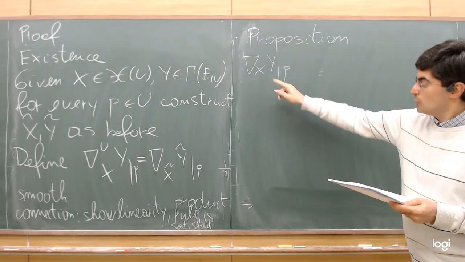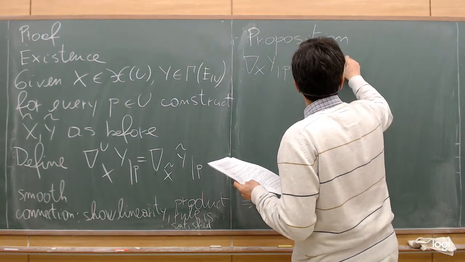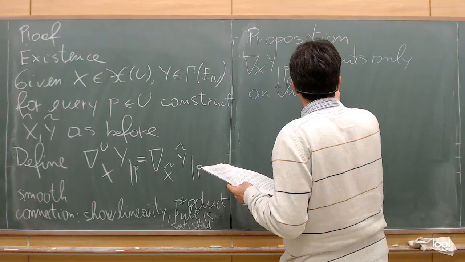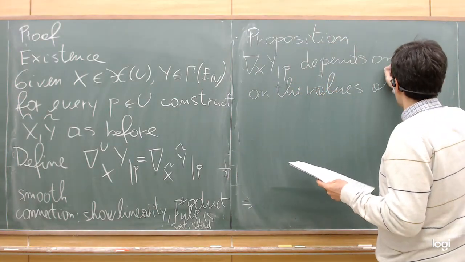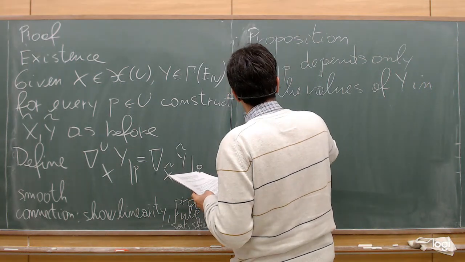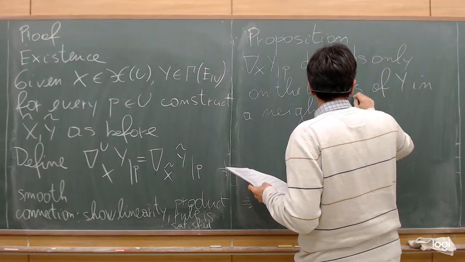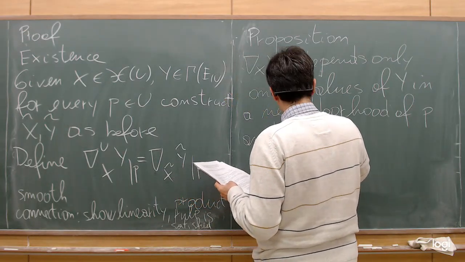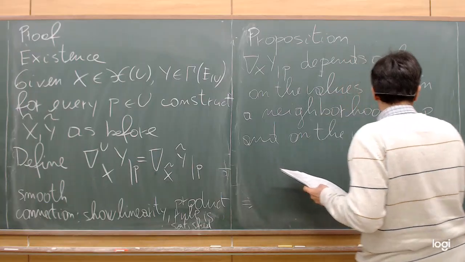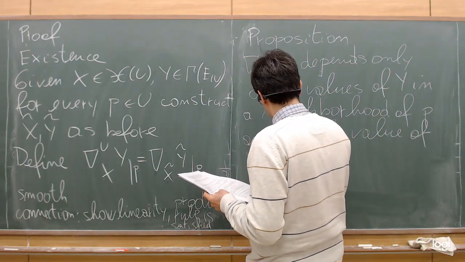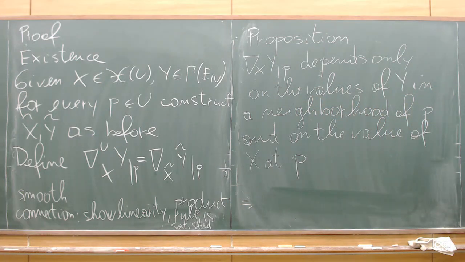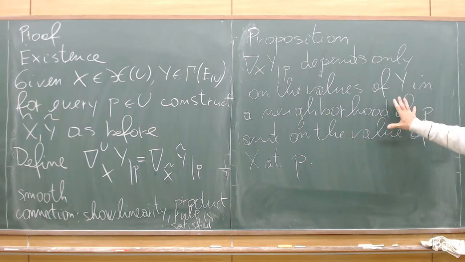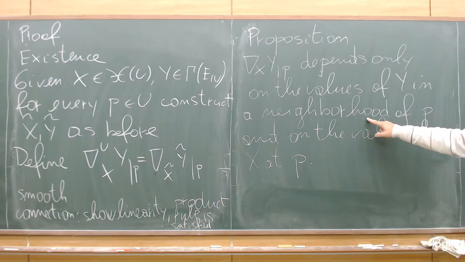The value at P of this covariant derivative depends only on the values of y in a neighborhood of P and on the value of x at P. The interesting piece of information provided by this proposition is contained in the second part.